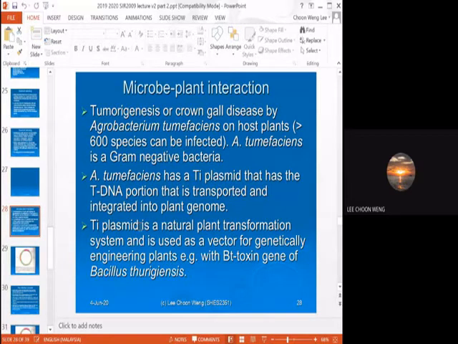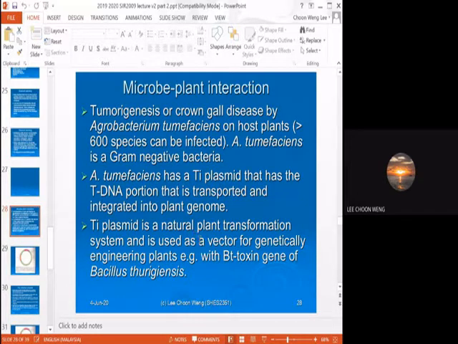So basically, by inserting specific genes into the tDNA portion, you are able to integrate the gene into the plant genome. Okay, and because the TI plasmid is from Agrobacterium tumefaciens, it is a natural plant transformation system.